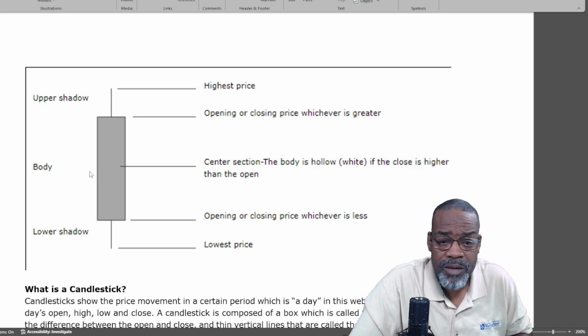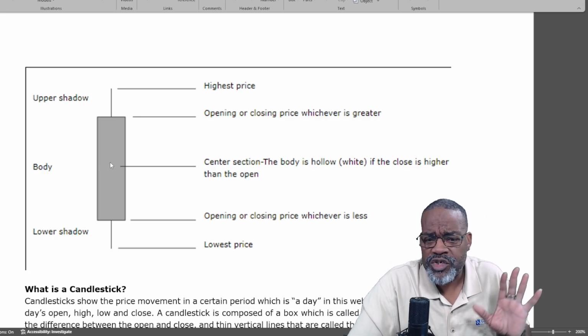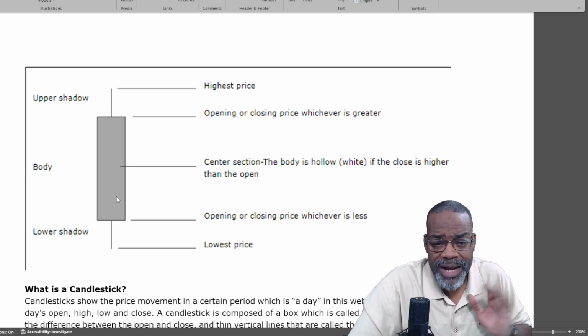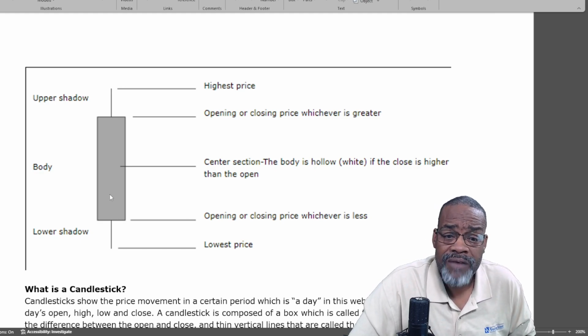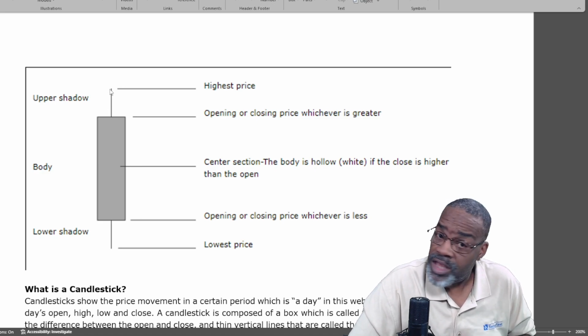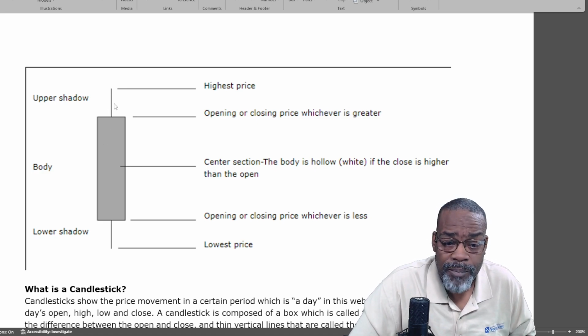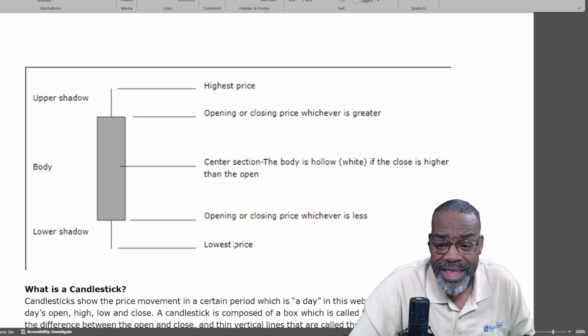So now, talking more about the body, and don't worry about if it's closed or open right now, but here's the body, the actual price movement of the open and the close of the candle. The wicks, the upper wick, in this case called the shadow, the upper wick and the lower wick show the highest price for the day and the lowest price for the day.